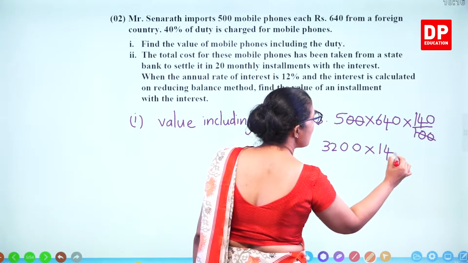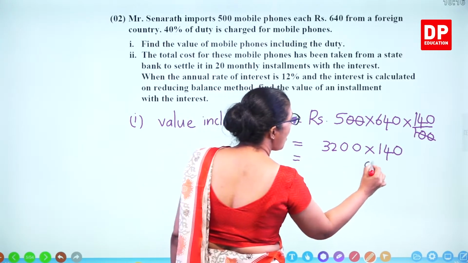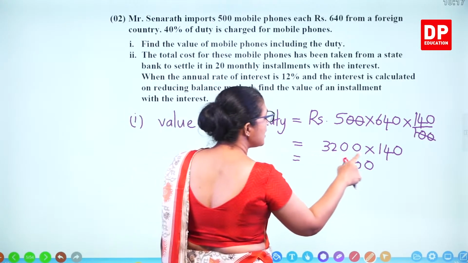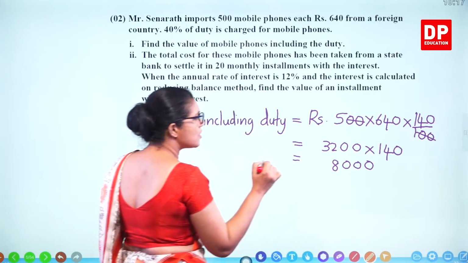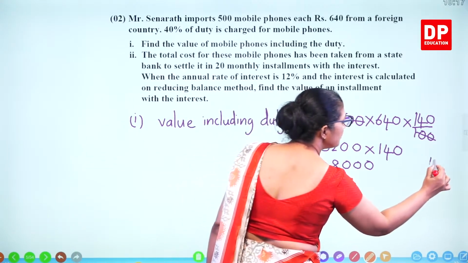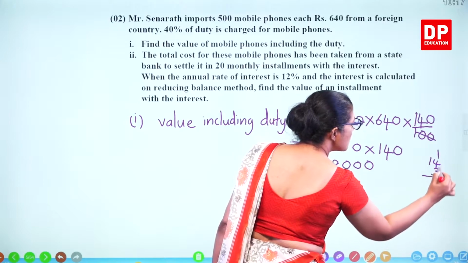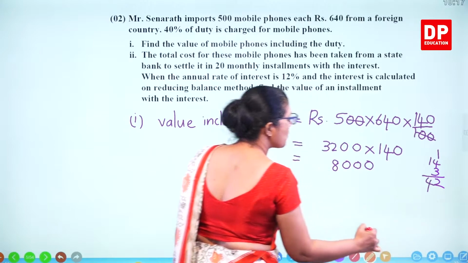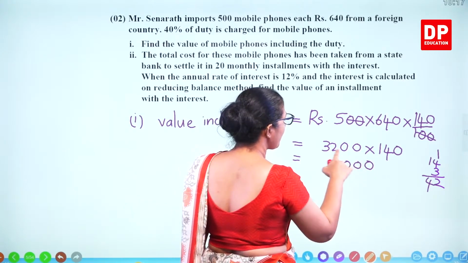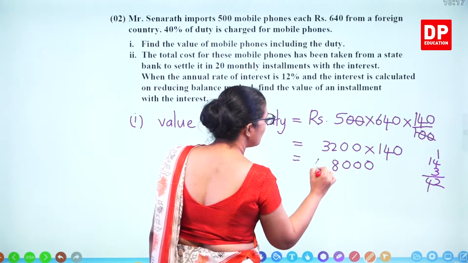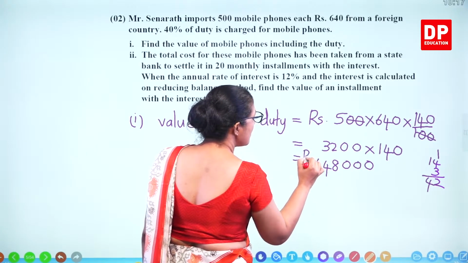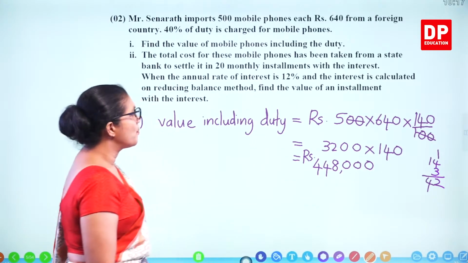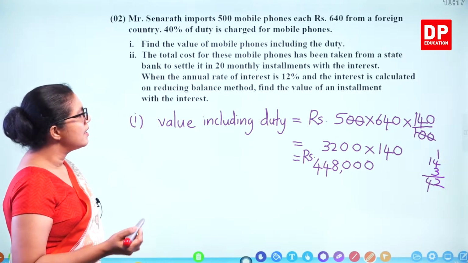So 3,200 into 140. 1, 2, 3, 3 zeros. 14 times 2, 28. 2 remaining. 14 times 3, 42. So 42 plus 2, 44. So the price is 448,000 rupees. That is the value including duty.